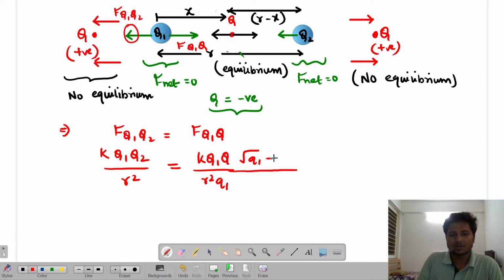So root over Q1 plus root over Q2. One minute, I've taken capital Q1 and capital Q2. So root over Q1 plus root over Q2, whole square. Are you able to get me or not?